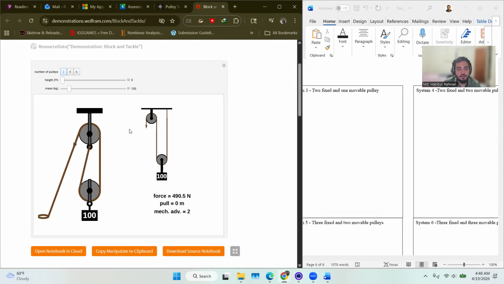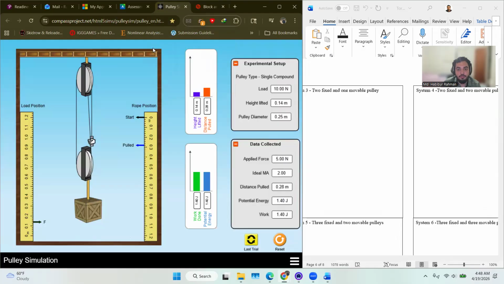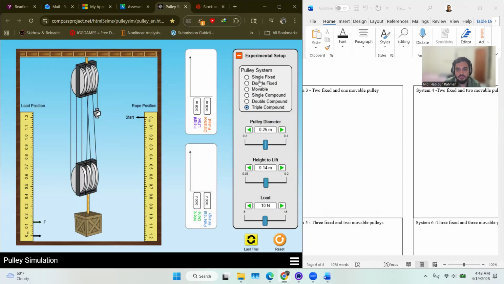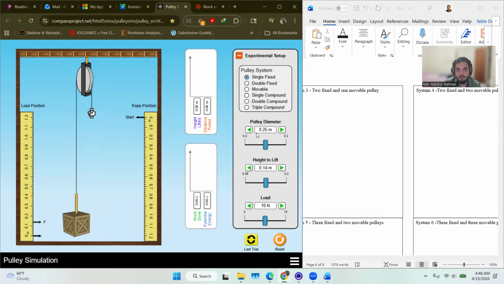Just a single fixed pulley, the force you need is 100 kg. Oh, we cannot increase the mass here.